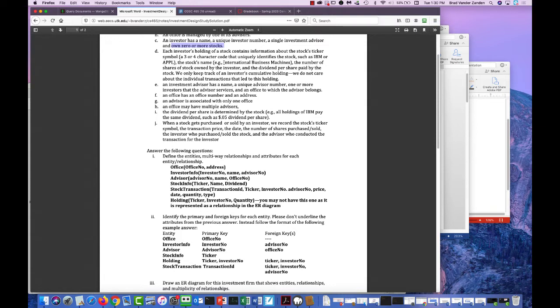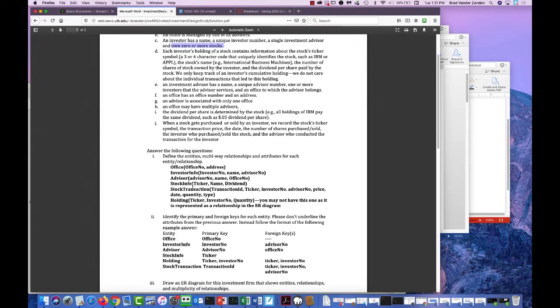Okay? In the real world, they're normally owned by hundreds or thousands of investors, but at our company, it certainly stands to reason that more than one investor may own that stock. And it's reasonable to assume that we're only going to have the stock in the database if someone owns it.